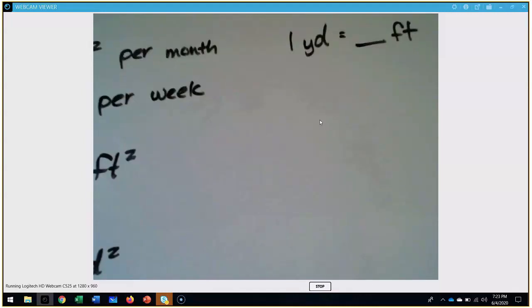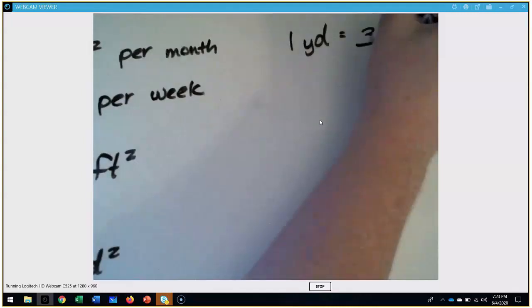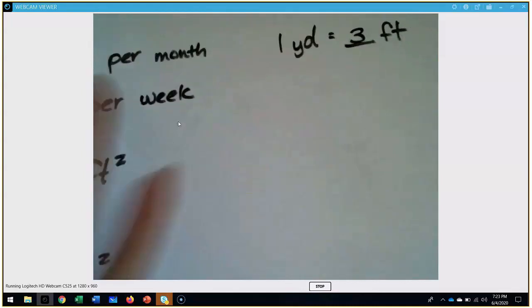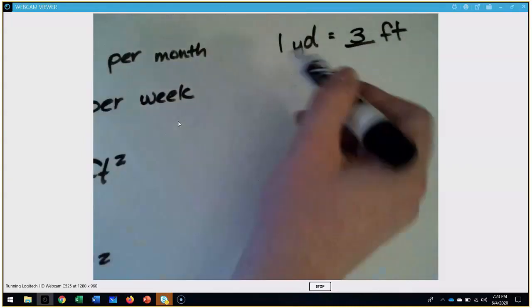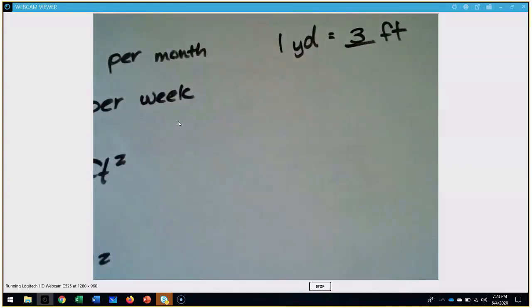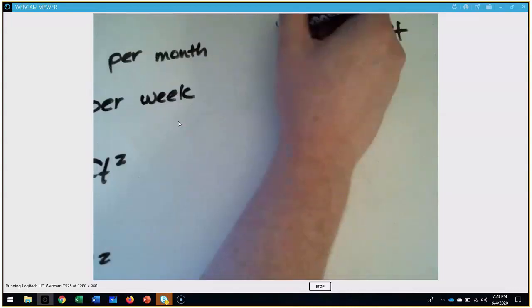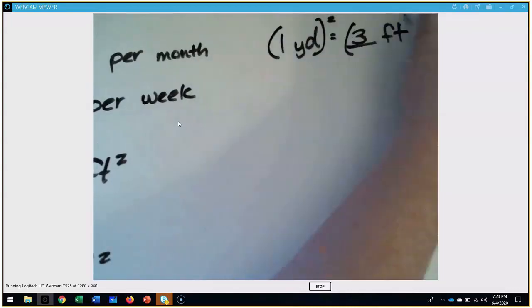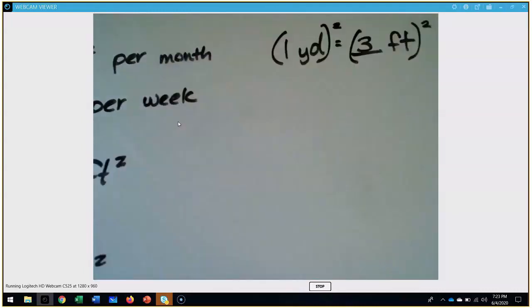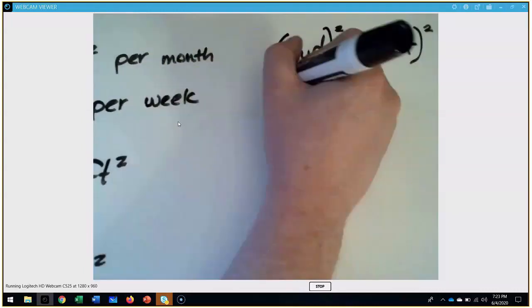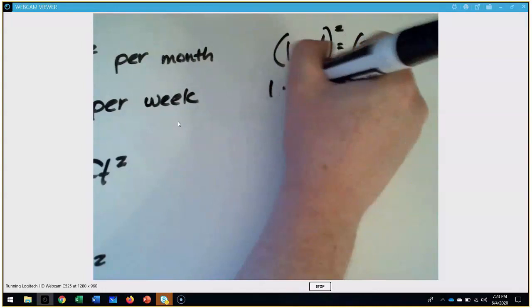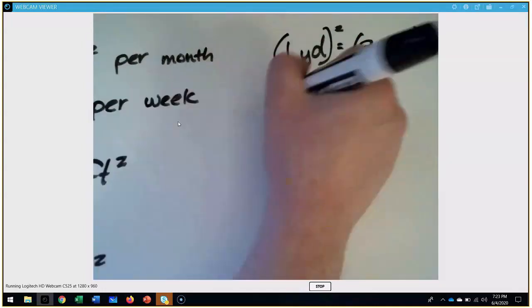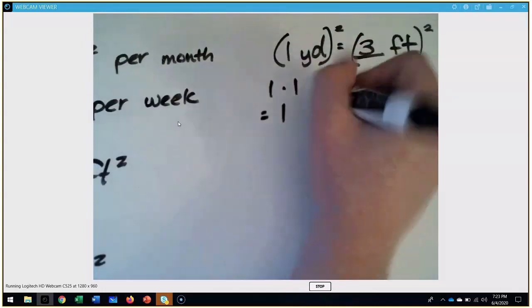Isn't it 3? Yep. There's 3 feet in a yard. You're talking about regular feet or regular yards, nothing squared. But since we need it to be squared, I am going to square both of them. So that means 1 yard times 1 yard, which is just 1 for that one.